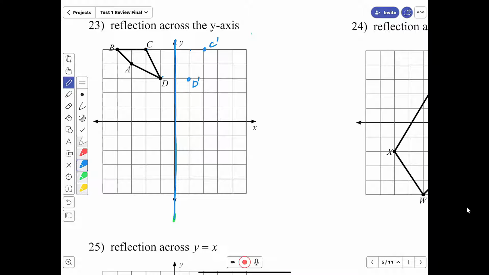A, 2, 3, 1, 2, 3, so this is A. And B, 1, 2, 3, 1, 2, 3, so this is B. So there's our reflection. This is our pre-image, and this is our image.